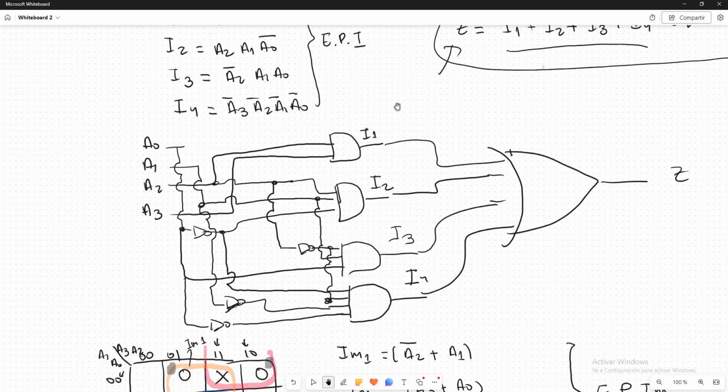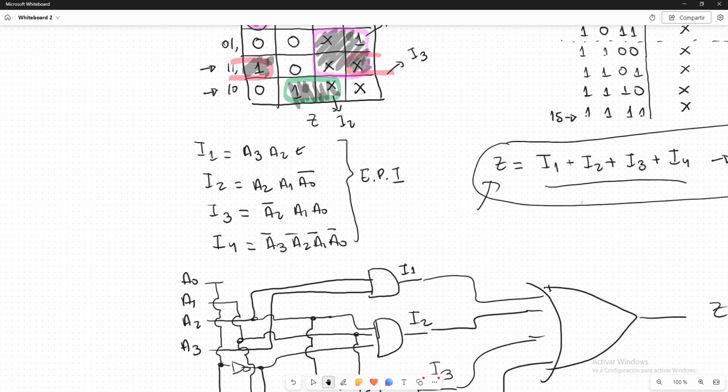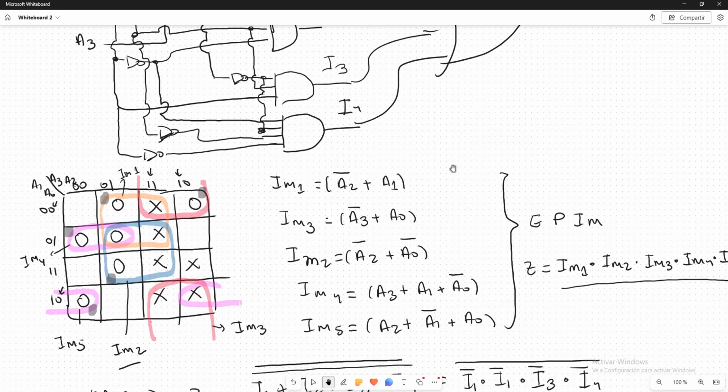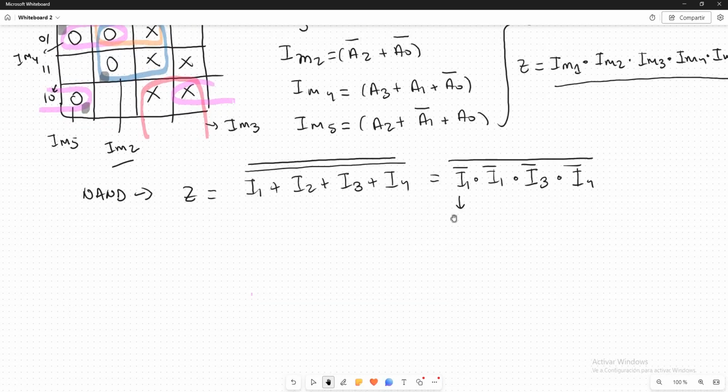It's like negating these expressions, you have an AND operation. So we have the output expressed as connections of NAND gates. Okay?